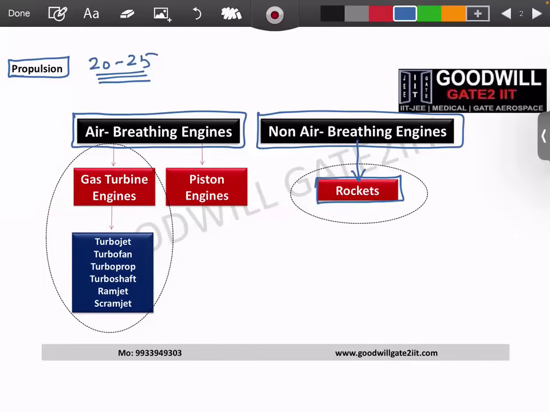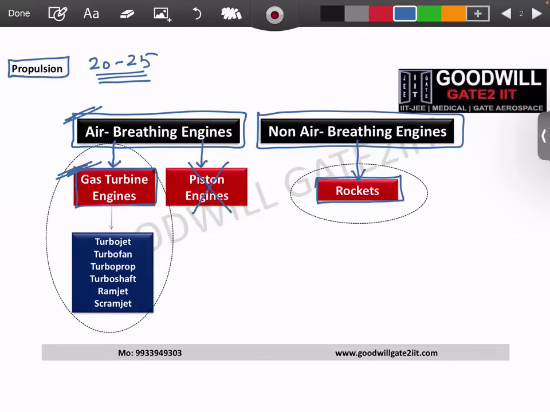Now, when it comes to air breathing engines, I will explain what you mean by air breathing engines. You have 2 families. One is the gas turbine engine family, which is part of our GATE syllabus. So this is what is very much required for our GATE. The second family, which is piston engine, is not part of our GATE syllabus.